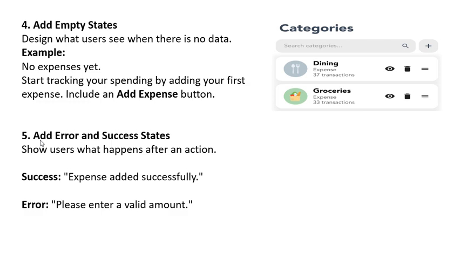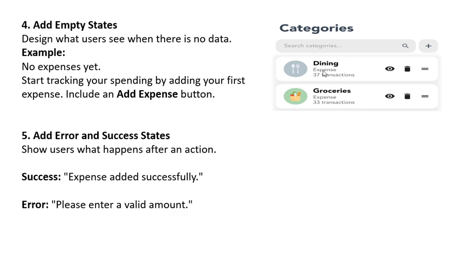And fifth, add error or success states, and show the users what happens after their actions. For success, the message is expense added successfully, and for error, the message is please enter a valid amount.